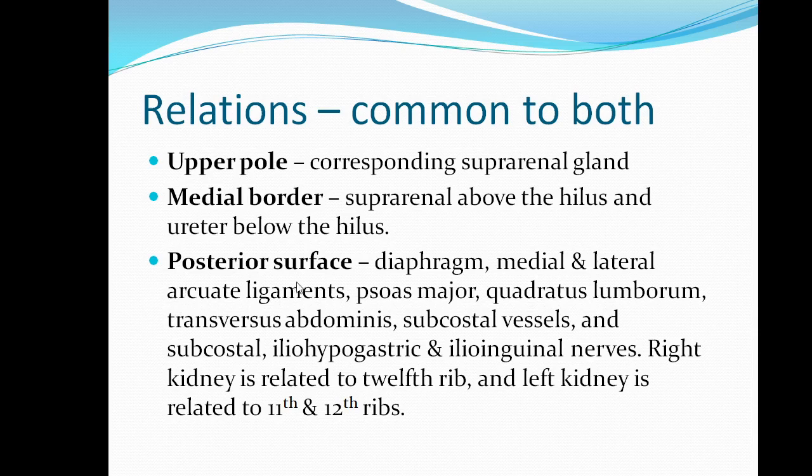On the posterior surface, the kidney is related to the diaphragm, medial and lateral arcuate ligaments, psoas major, quadratus lumborum, transversus abdominis, subcostal vessels, and the subcostal, iliohypogastric and ilioinguinal nerves.